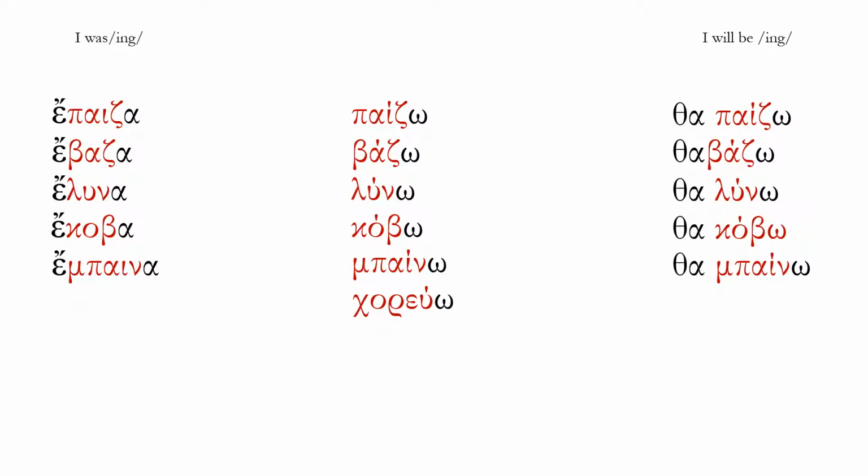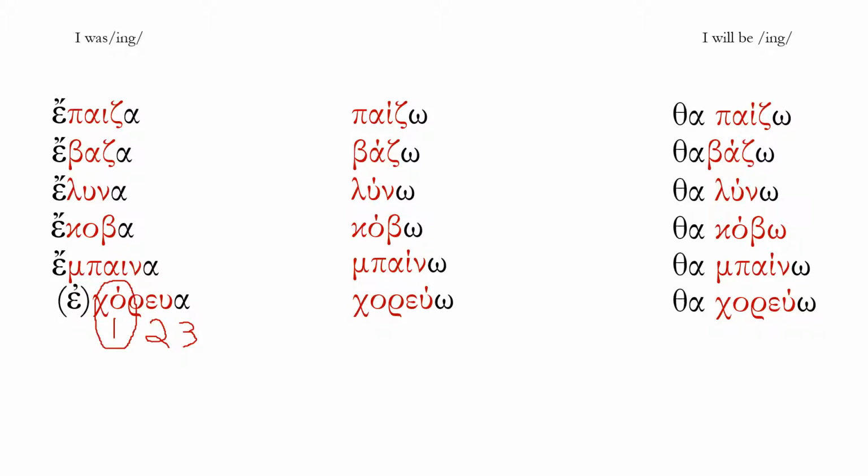Jorevo, I dance. I'm dancing. Thajorevo, I will be dancing. Joreva, and you'll notice that the epsilon here is optional because if you look at the last three syllables, chorev, we cannot vacate this omicron.